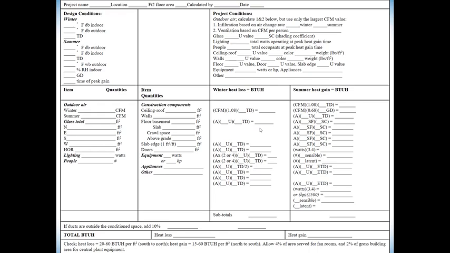Filling this table out is easy and it is not easy at the same time. As you can see, there are project conditions. Project conditions are used to calculate the CFM values for the infiltration and the ventilation. And then there are glass, lighting, people, ceiling, roof, and U values for the walls and floors.